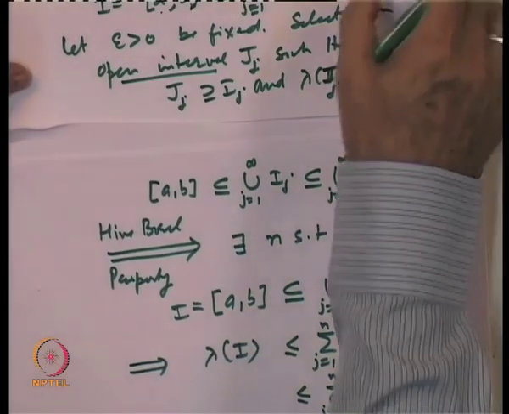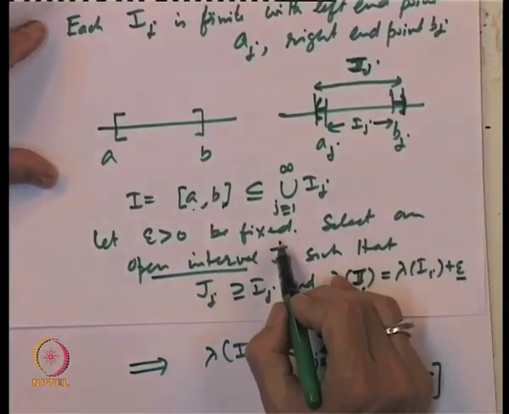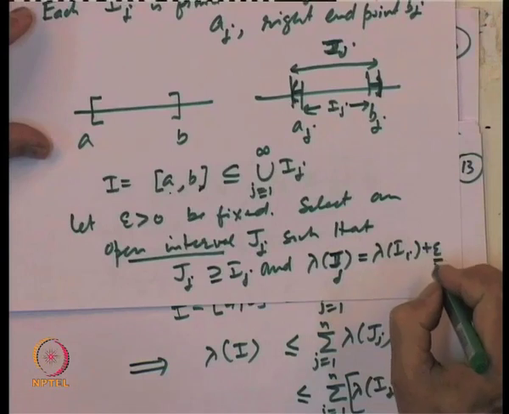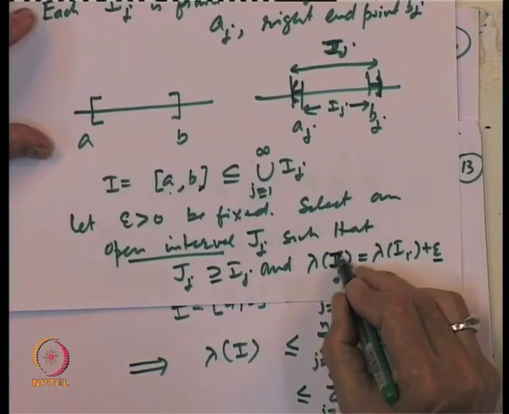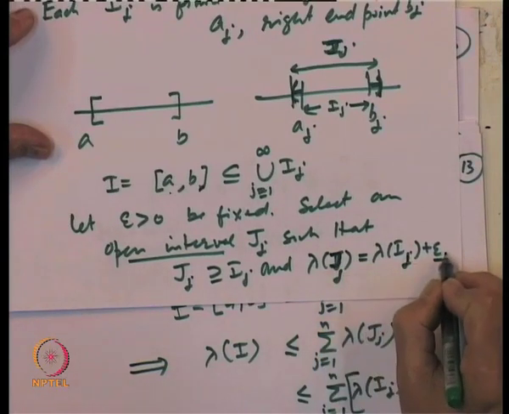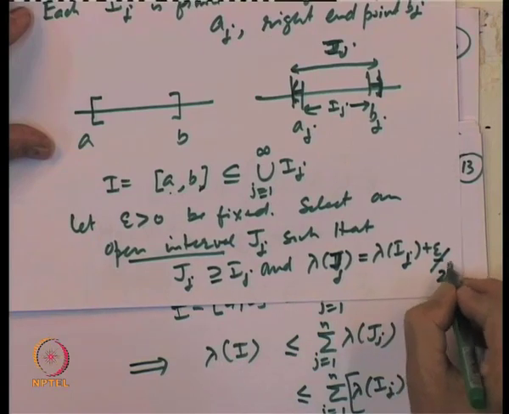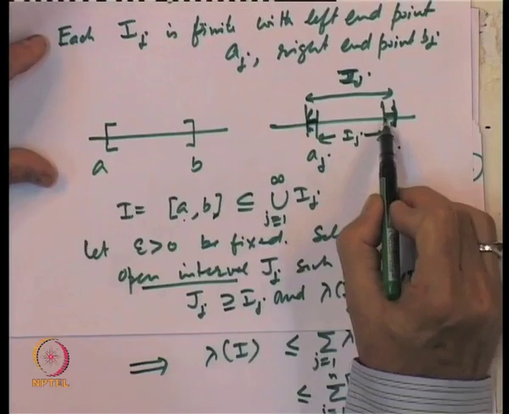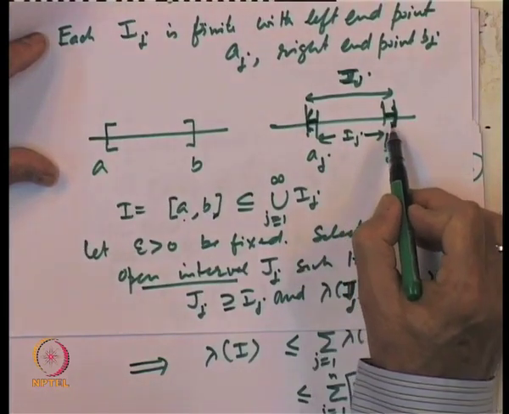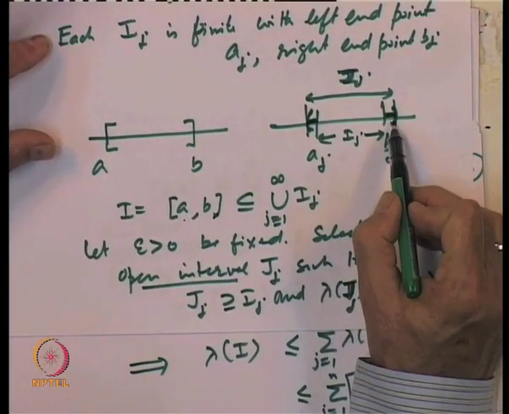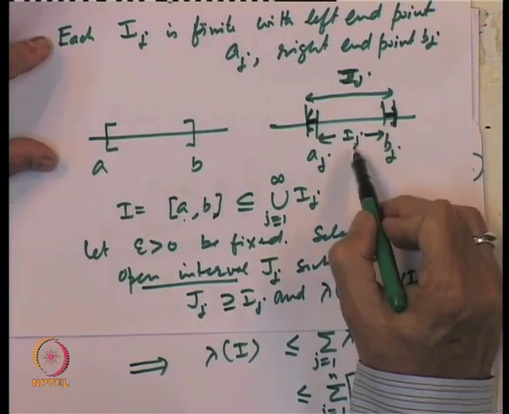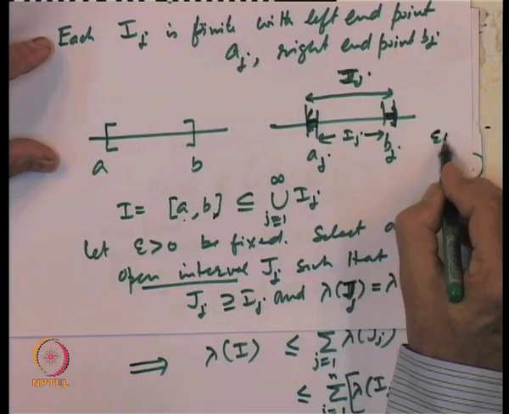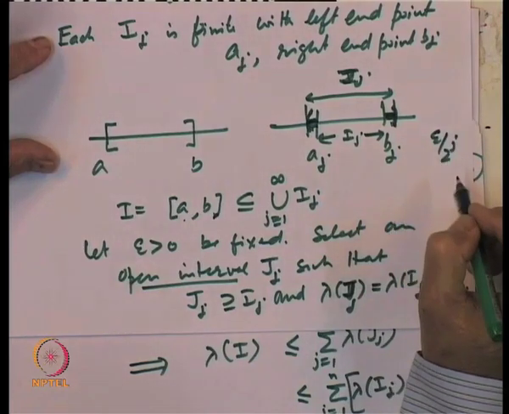Where we selected, for a given epsilon fixed, an open interval J_j, instead of epsilon for the interval I_j, let us divide it by 2 to the power j. Instead of having this extra length equal to the same epsilon for every interval I_j, for I_j we want the extra length to be epsilon by 2 to the power j.